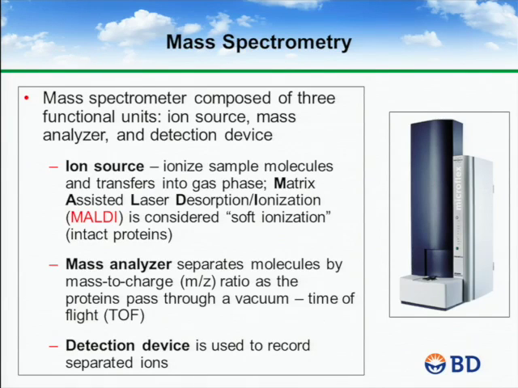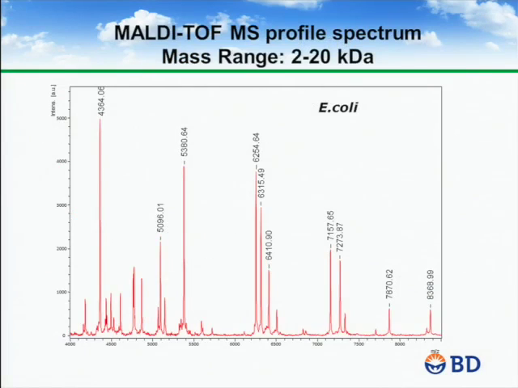The detection device is used to record the separated ions, and you get a profile that looks like this. Typically, for this type of mass spectrometry, you're measuring proteins from about 2,000 to 20,000 Daltons. You see a large number of protein peaks, but to actually identify the organism, there's probably only about a dozen that are actually used to do that identification.